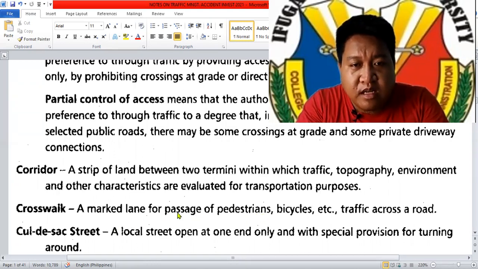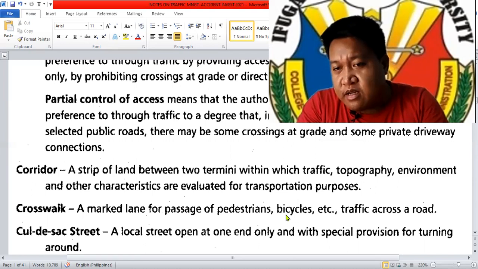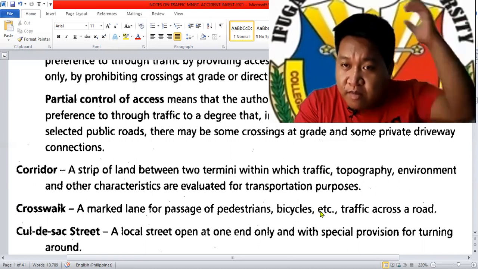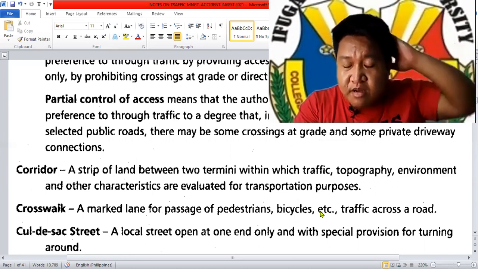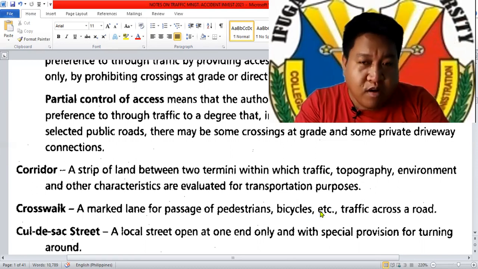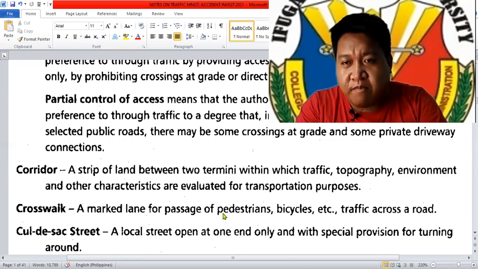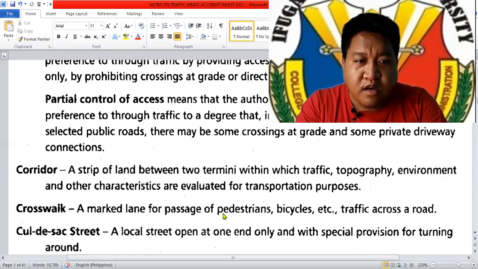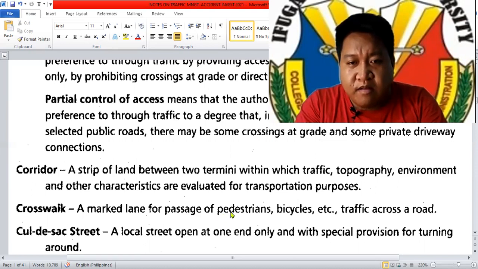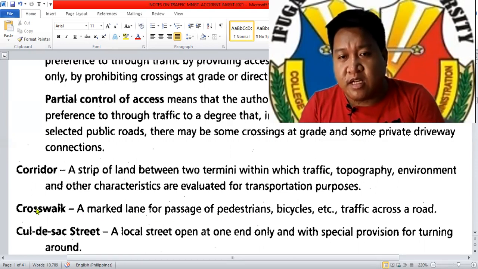So basically, ang crosswalk, pag ito ay para sa bicycle or para sa mga human or animal drawn vehicles, then that is a crosswalk for them. That is not for a motor vehicle. So commonly, pag pedestrian yung dadaan dyan as allowed, then that is a pedestrian lane. But commonly, crosswalk and pedestrian lane are synonymous.